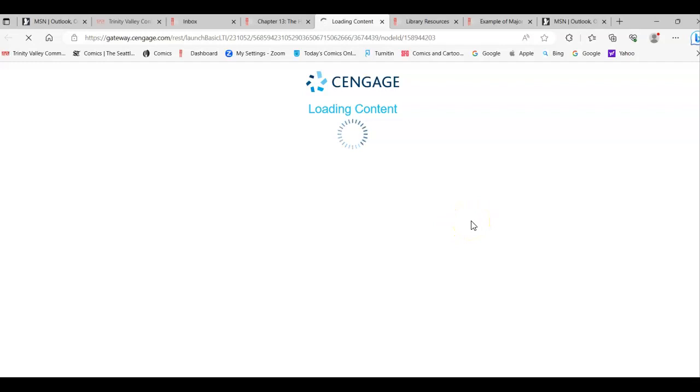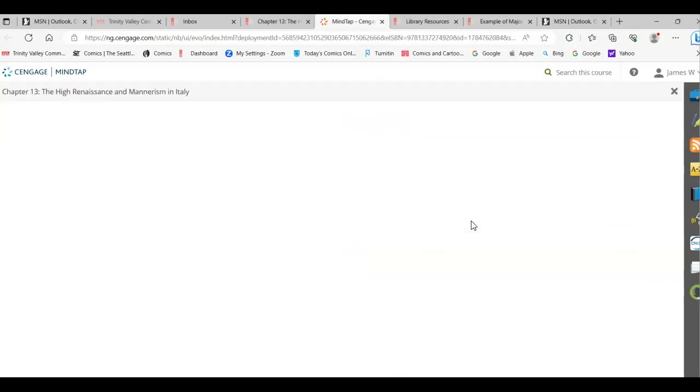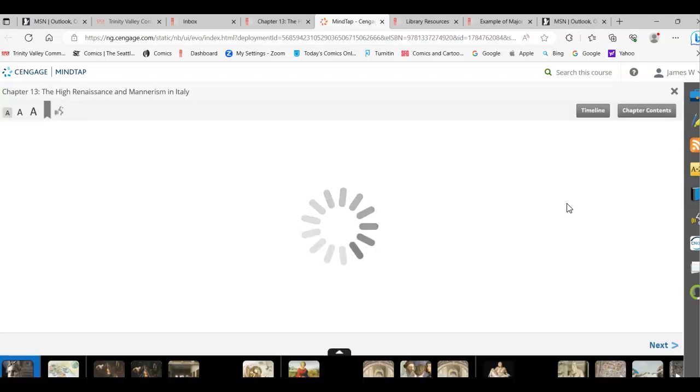And again, one of the nice aspects about the textbook, trying to find specific details. Give it just a moment. It's going to take a little while to load. Again, it takes just a little while to load, as I'm sure you've run into. It's a combination of Canvas and Cengage, not wanting to talk to each other very well.